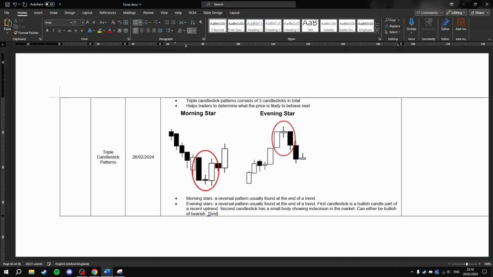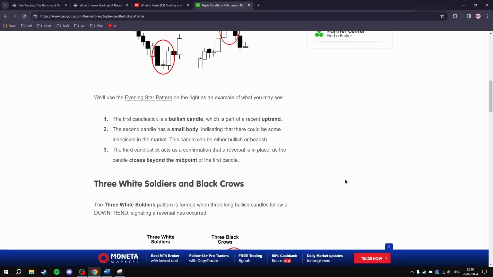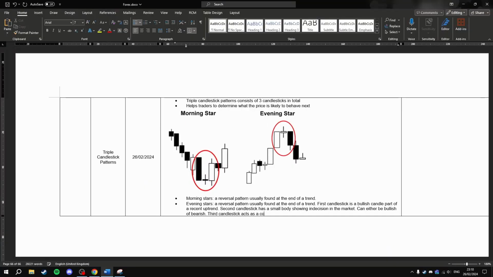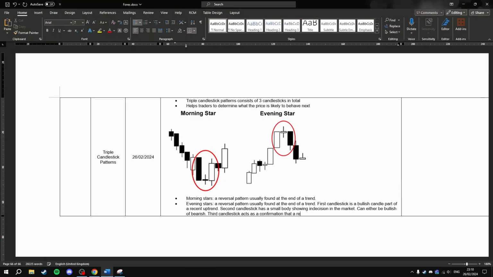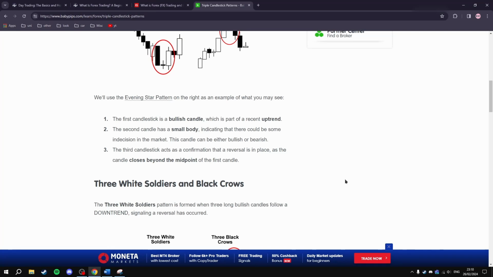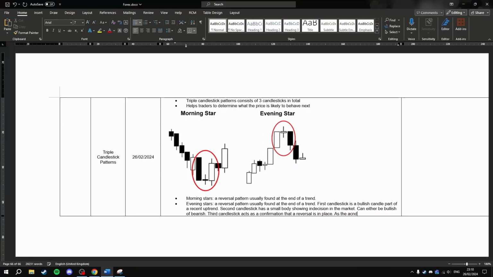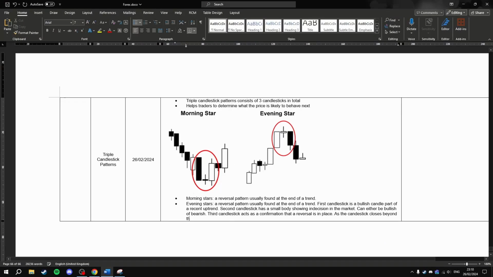The third candlestick acts as a confirmation that a reversal is in place, as the candlestick closes beyond the midpoint of the first candlestick.